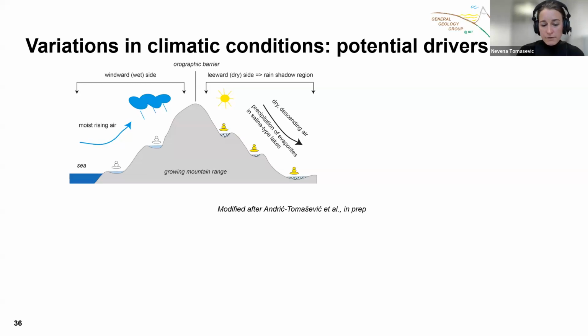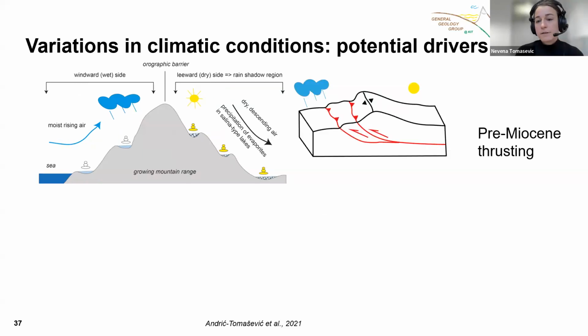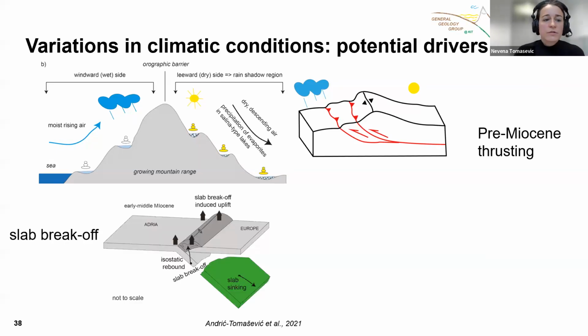And potential drivers, considering geological data, the first option is actually thrusting, which is related to the mountain building process. In that case, this would suggest that the Dinarides were high already in the Oligocene. The second potential driver is a slab break-off of the Dinaric slab, which likely occurred somewhere between 30 and 20 million years ago.